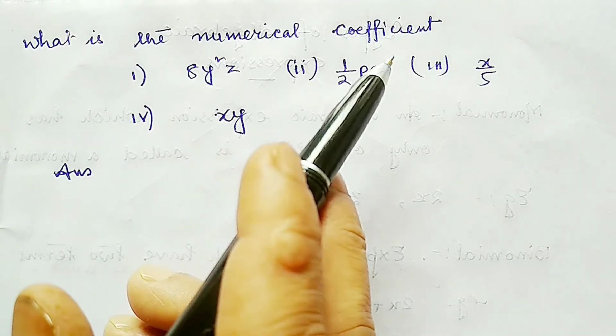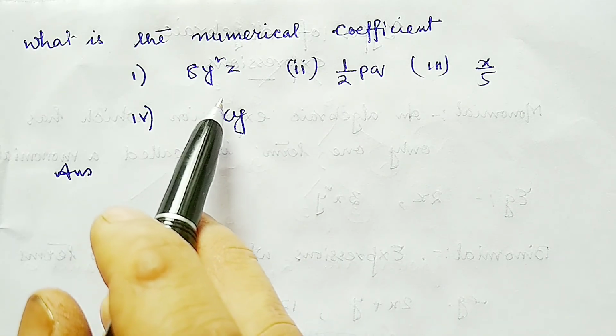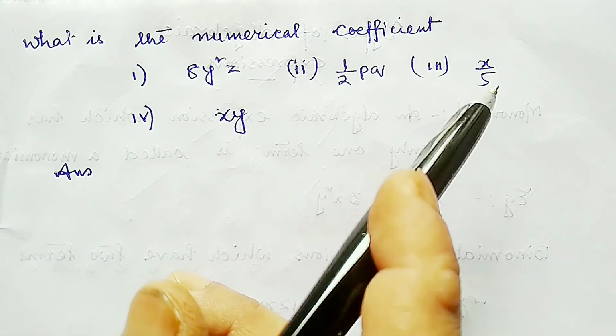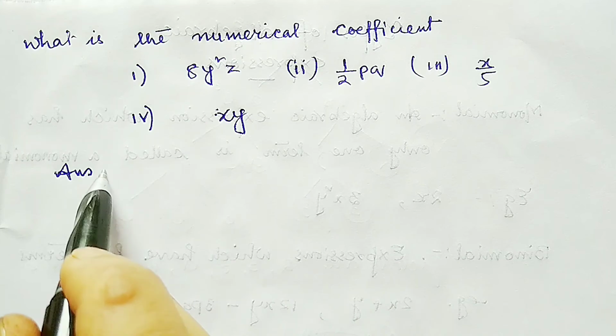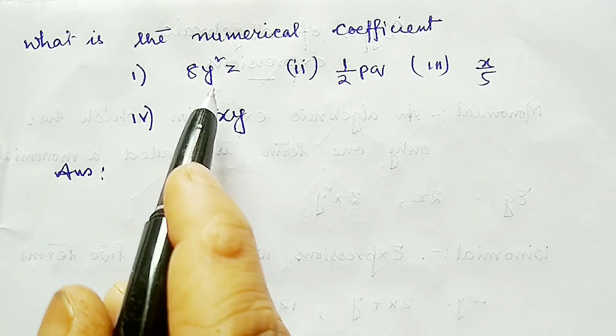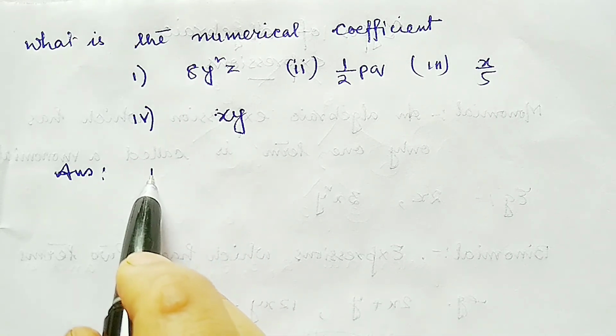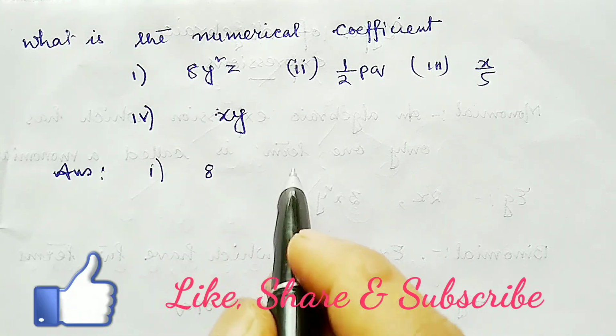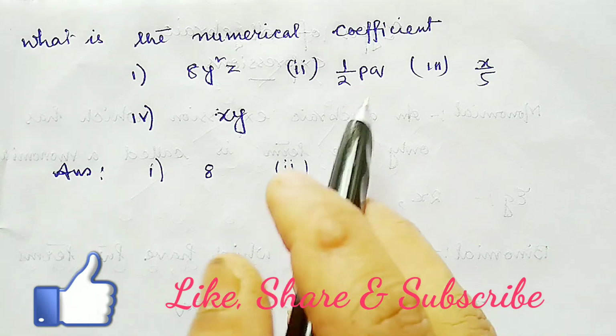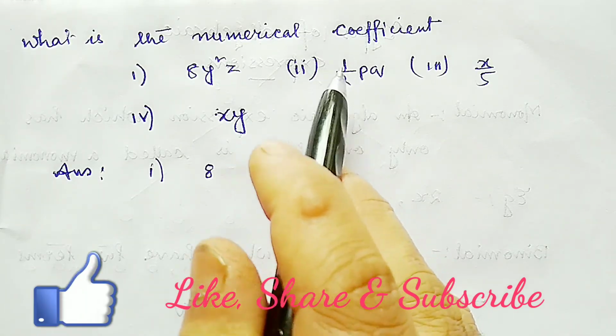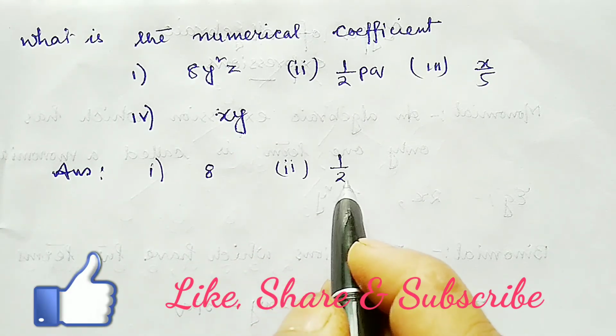What is the numerical coefficient in these cases? 8y squared z, half pq, x by 5 and xy. In the first case, 8y squared z, the numerical coefficient is 8. Second case, half pq, so half is the numerical coefficient.